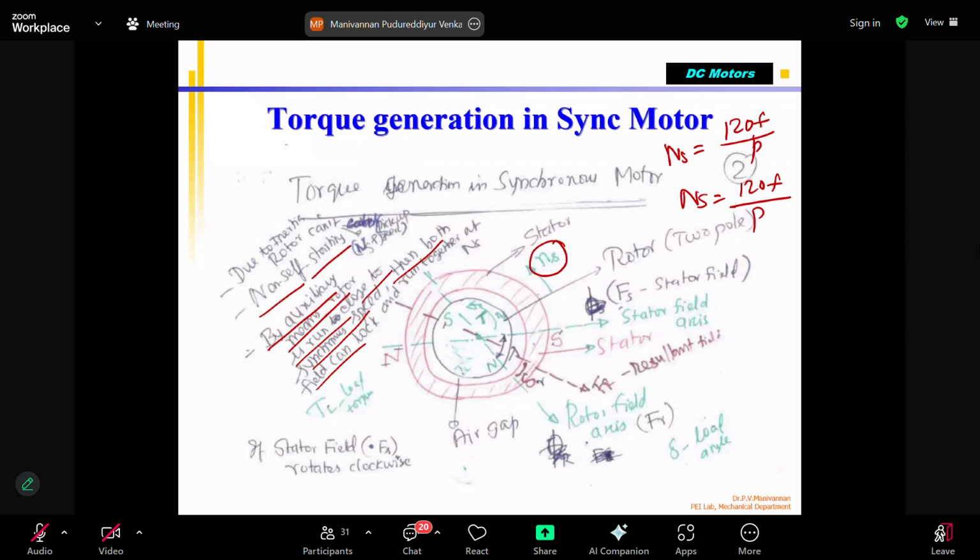Then you rotate your rotor initially so that it gets locked with the rotating magnetic field, north and south poles aligned like this. So north and south can rotate together. This is south, this is north.